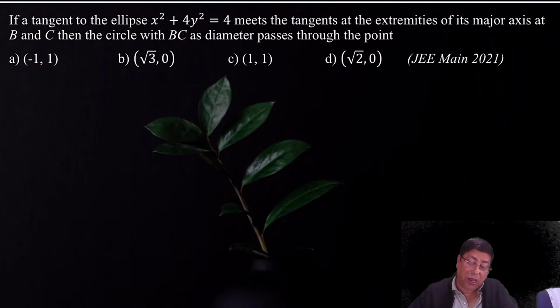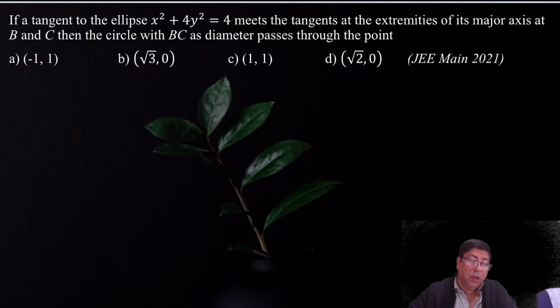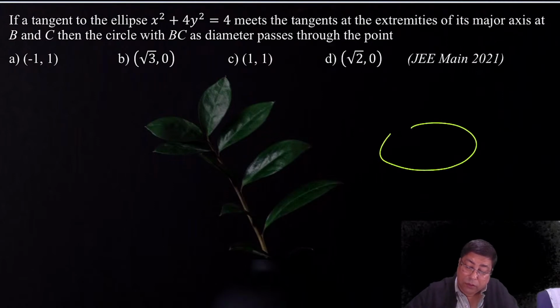If a tangent to the ellipse meets the tangent at the extremities of its major axis at B and C, then the circle with BC as the diameter always passes through. What to be done? So first of all, this is the ellipse.